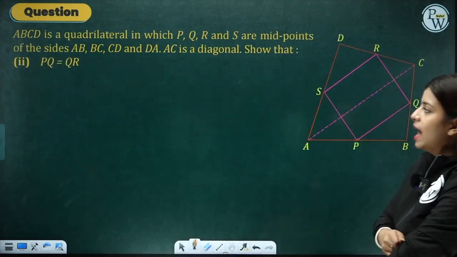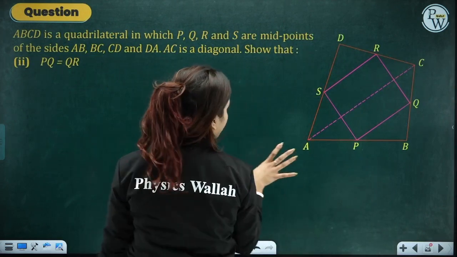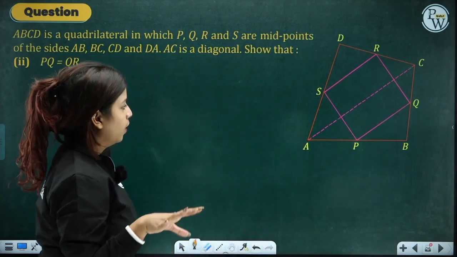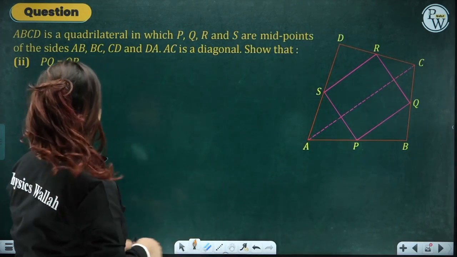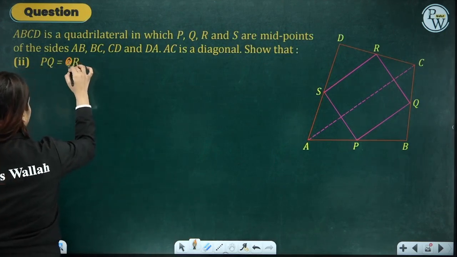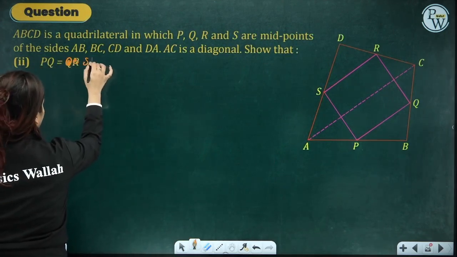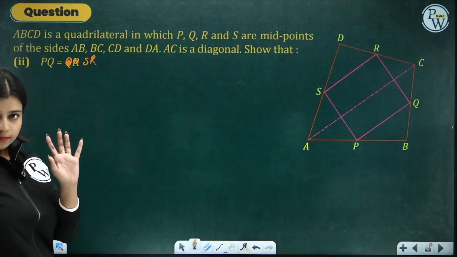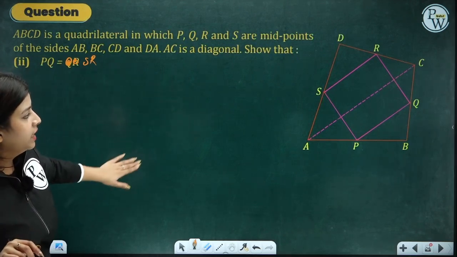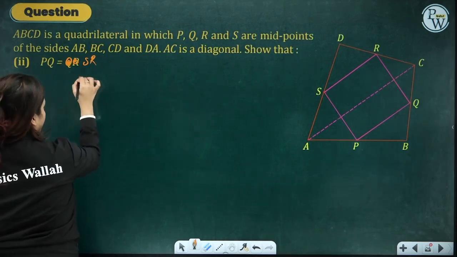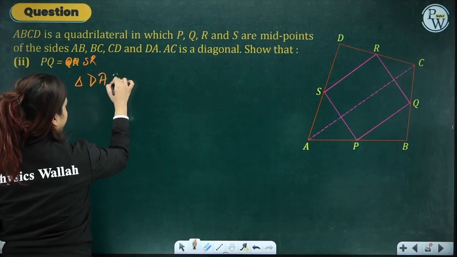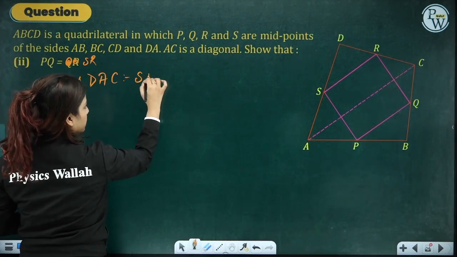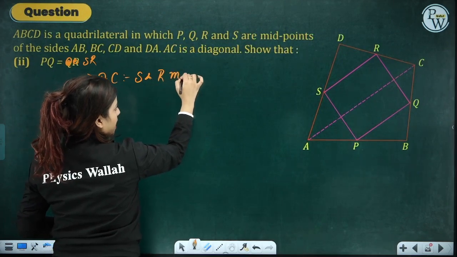The next part is to prove that PQ is equal to SR. So when we took triangle DAC, S and R were midpoints.